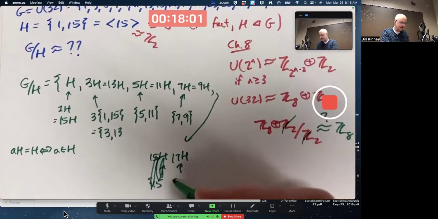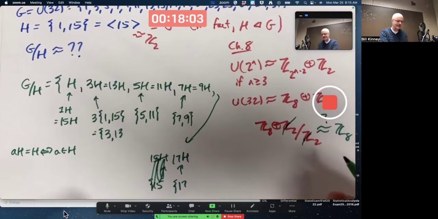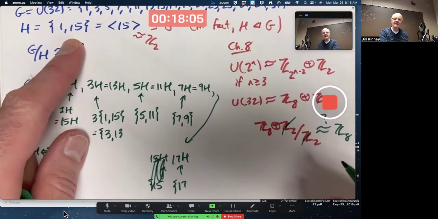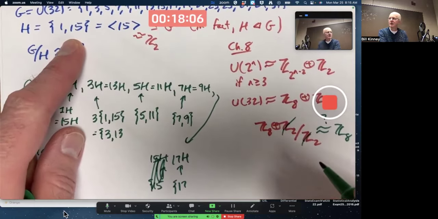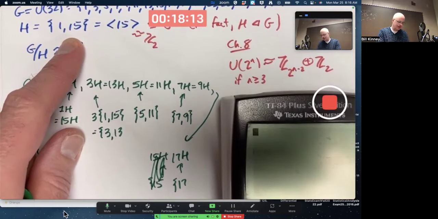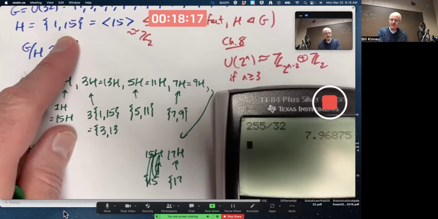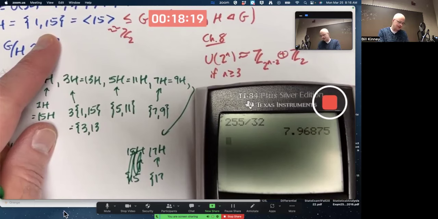Consists of 17 and 17 times 15. Let's see, 15 squared is 225. Add on another 30, 255. 255 mod 32. Subtract 7 from that and multiply by 32.